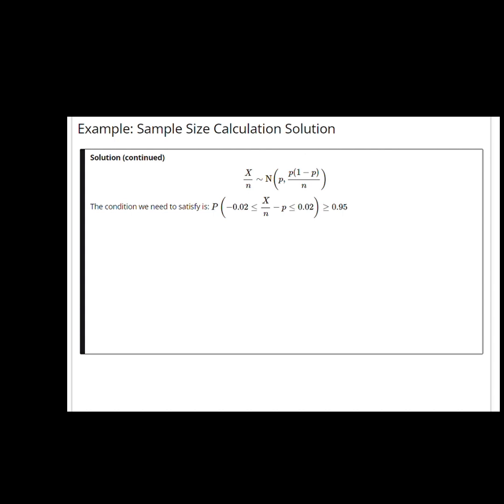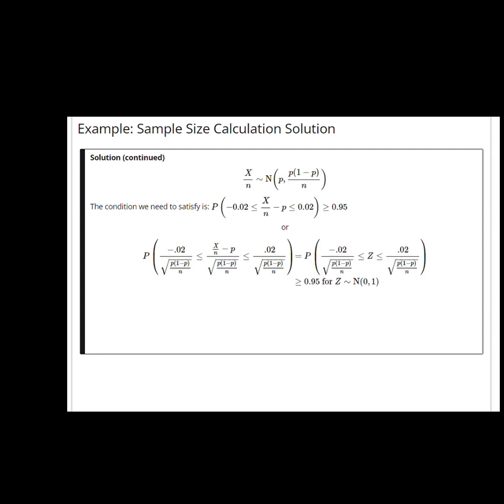The probability of that statement is greater than or equal to 0.95. If we do what we did before, subtract the expected value of X over n, that's p in this case, and divide by its standard deviation, that's the square root of p times 1 minus p over n, and we do that on all three sides of this inequality, we end up with an equivalent statement: the probability that Z is between minus 0.02 over the square root of p times 1 minus p over n and plus the same thing.